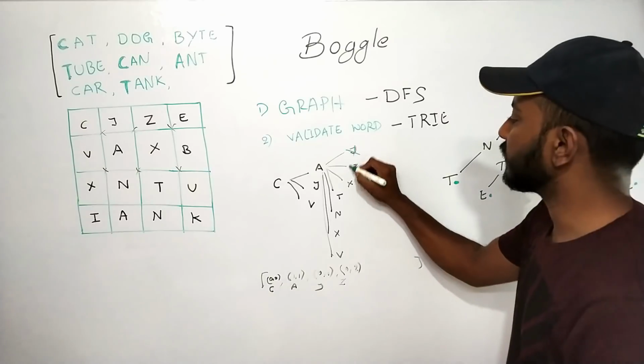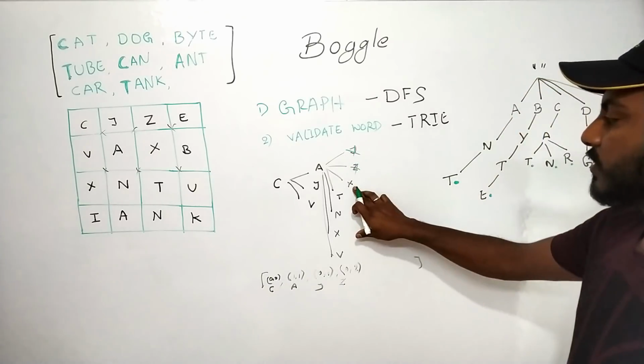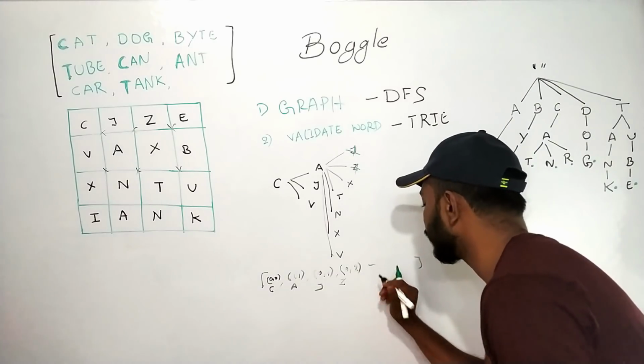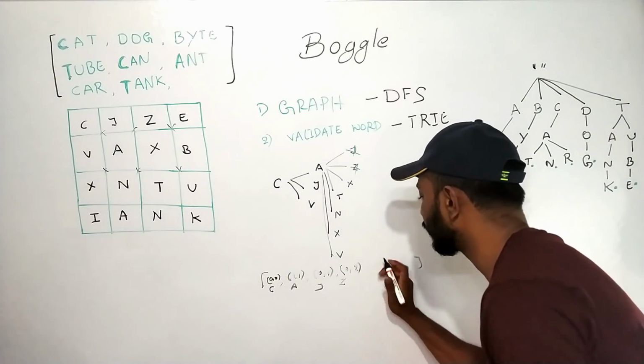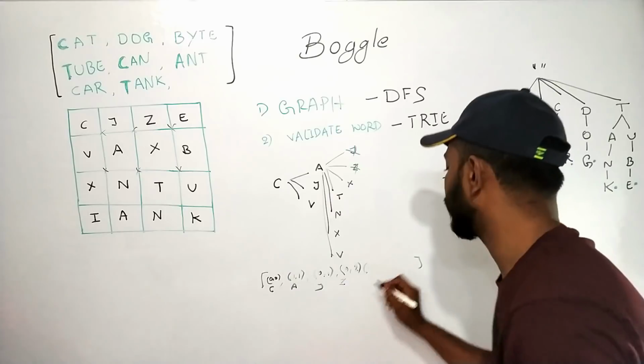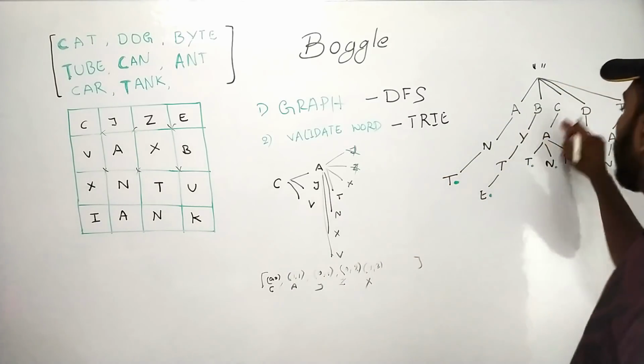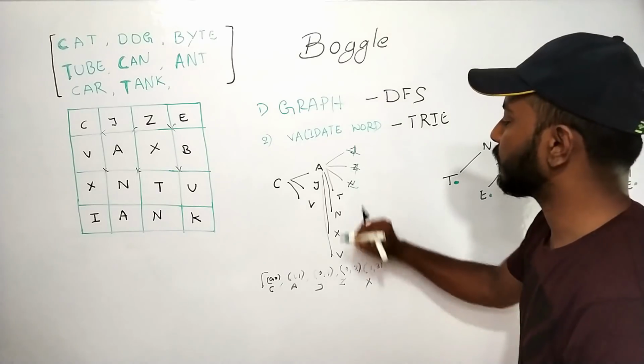So this is done. Now let's go to X, add X over here. X is at 1, 2, so visit it, check here, this is also not possible.